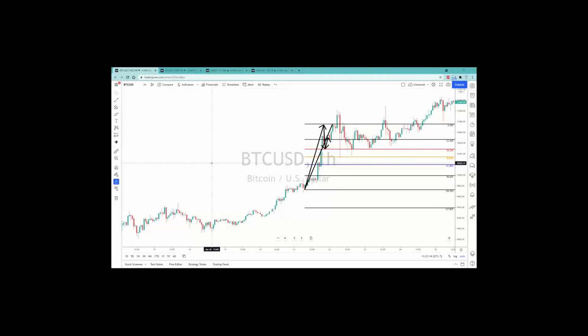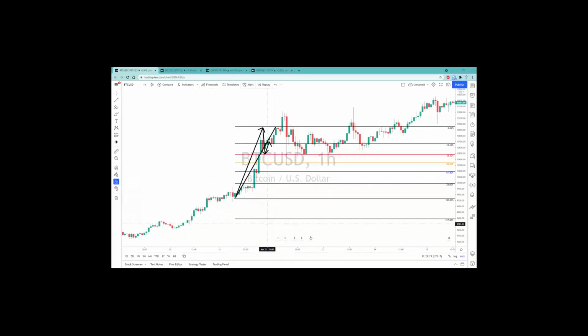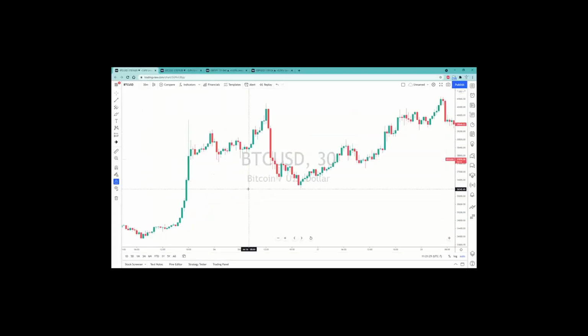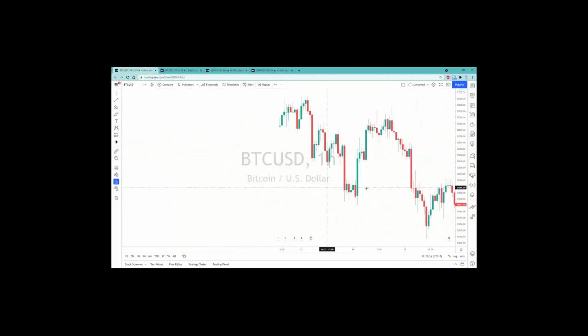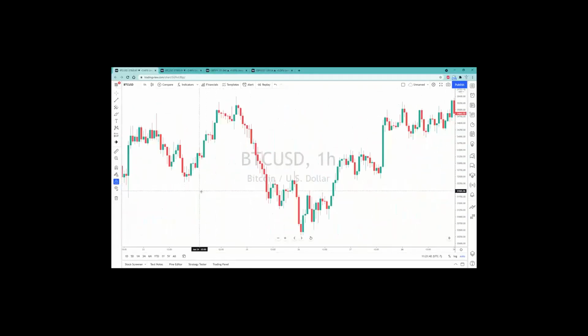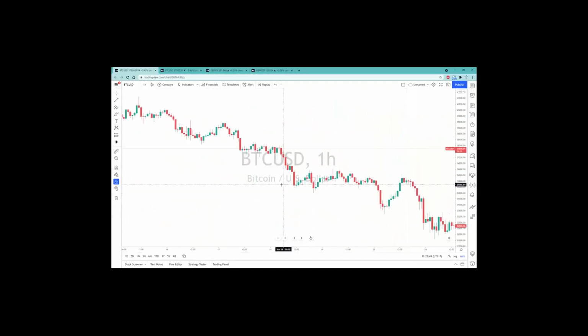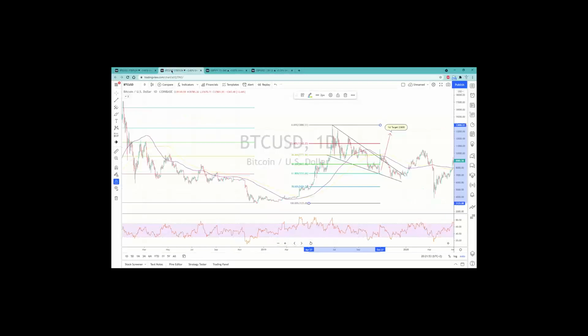You first have to decide what type of trader you're going to be and what time scale you're looking at, what time chart you're using it on. But you also don't want to try to make your fibs fit what you want them to be.